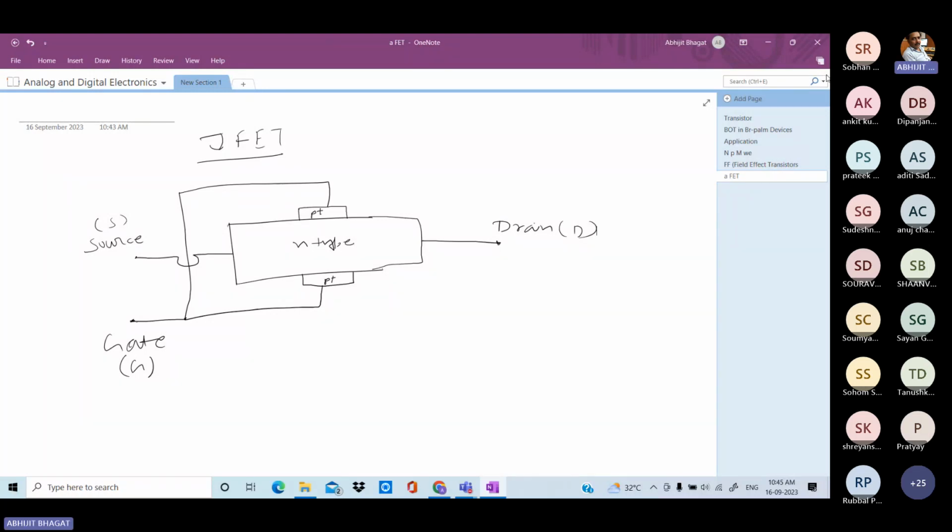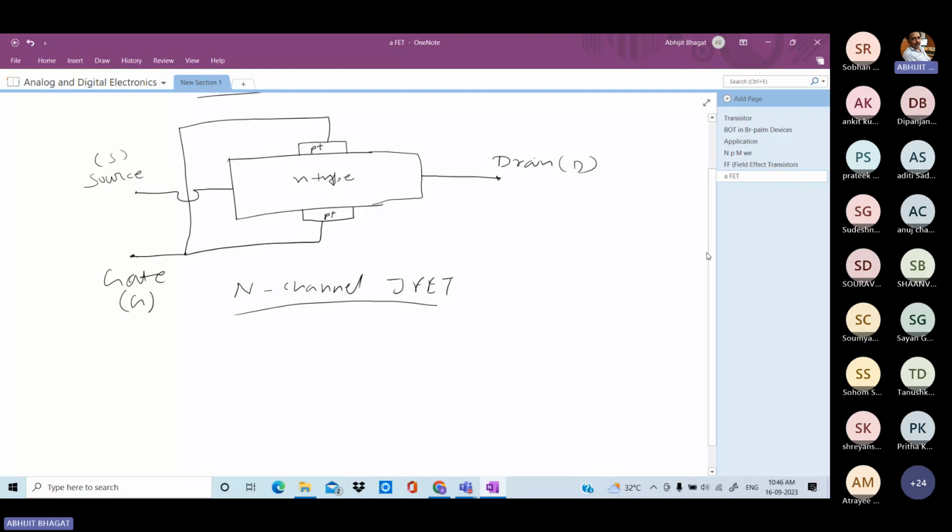Now this JFET, junction field effect transistor, is also of two types. What we designed here is the N channel JFET. Either it is N channel JFET or P channel JFET.